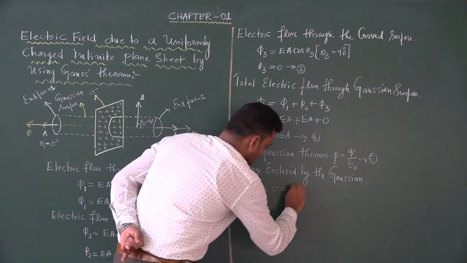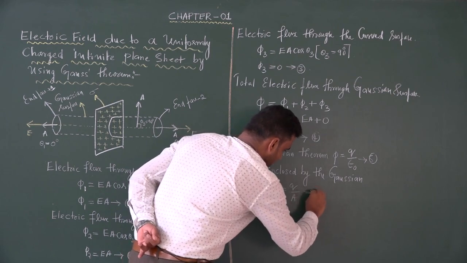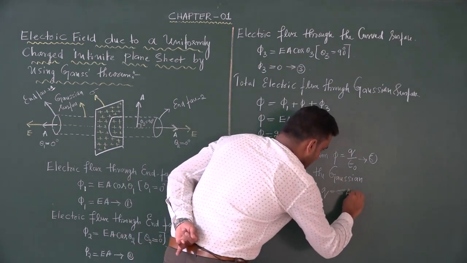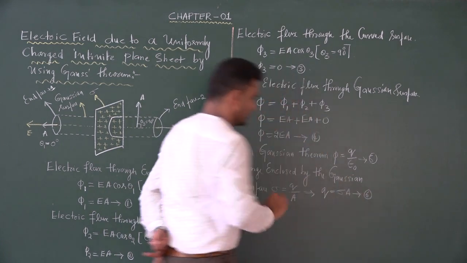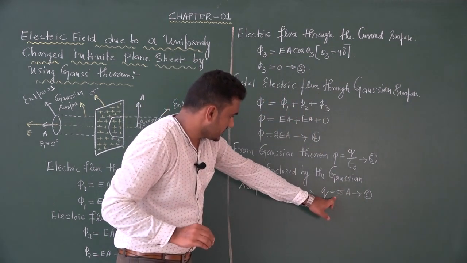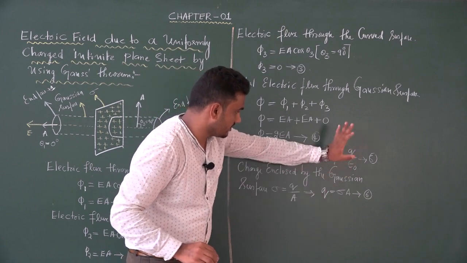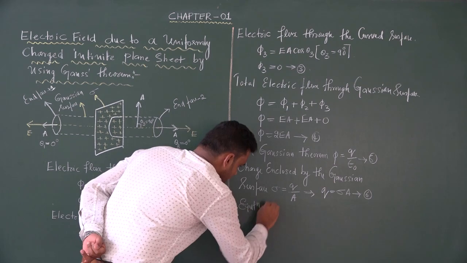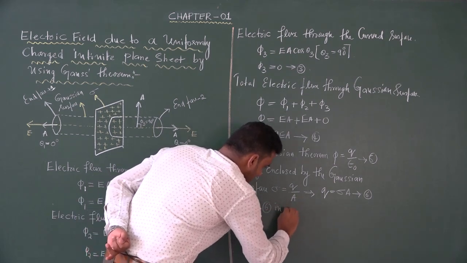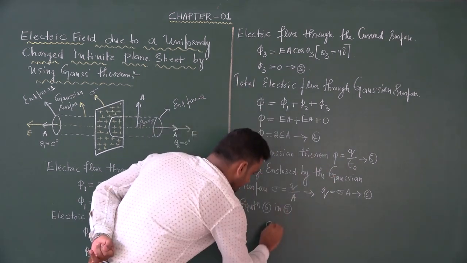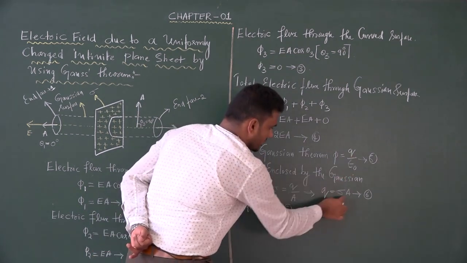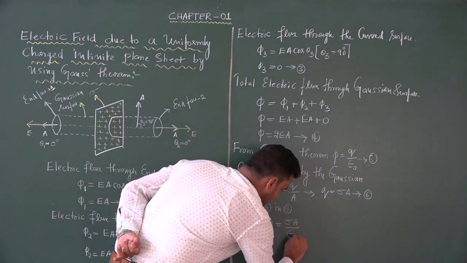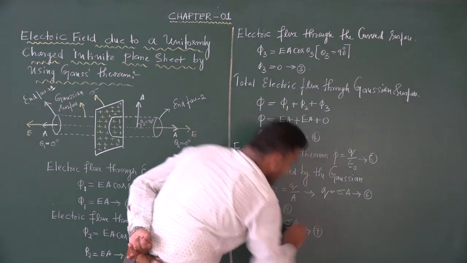Sigma is equal to Q by A. So simplifying for Q, Q becomes sigma into A, equation number 6. Equation 6 is substituted in equation 5. Phi is equal to, in place of Q, sigma into A divided by epsilon naught, equation number 7.